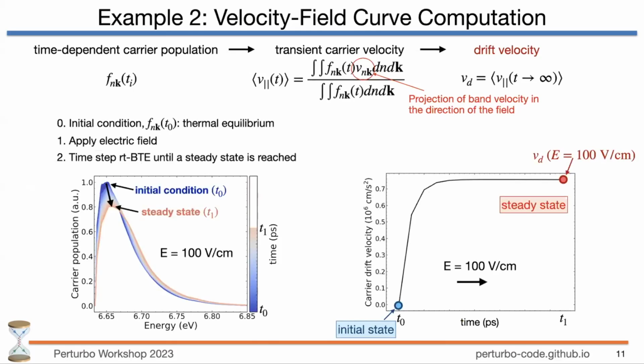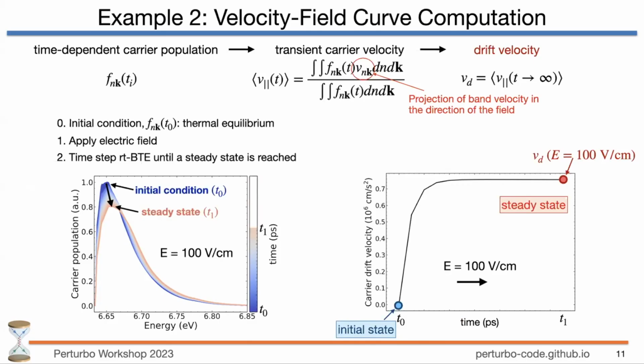So the procedure will go as follows. You will start with an initial condition where the electrons are at a thermal equilibrium, like the Fermi-Dirac distribution. And then you apply the field. But the goal is to simulate to, for example, a very high field and cover all the data points from 0 to, for example, 2000 volts per centimeter.